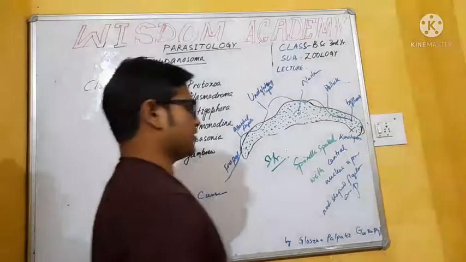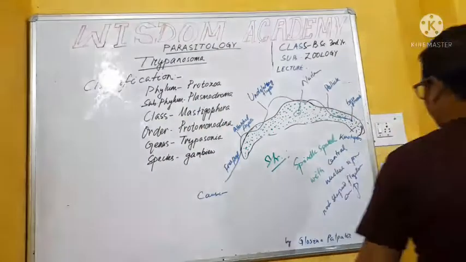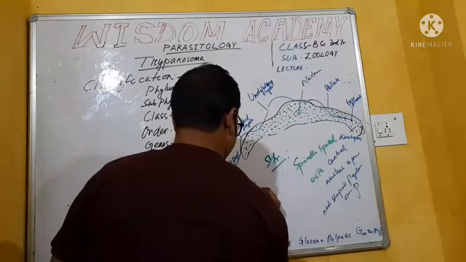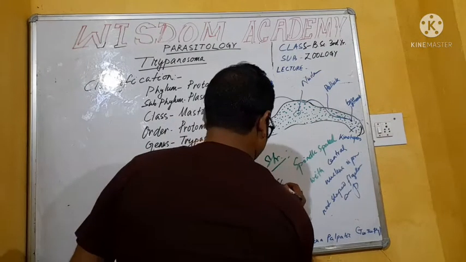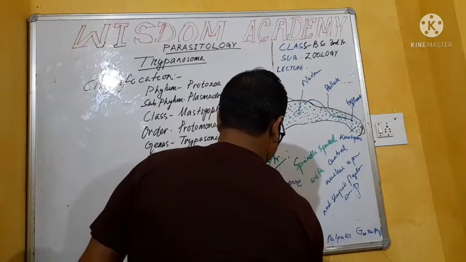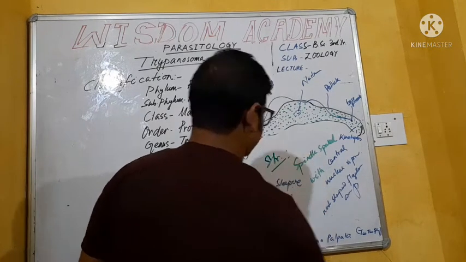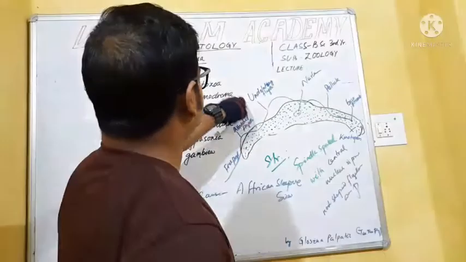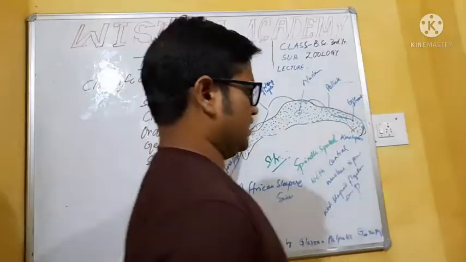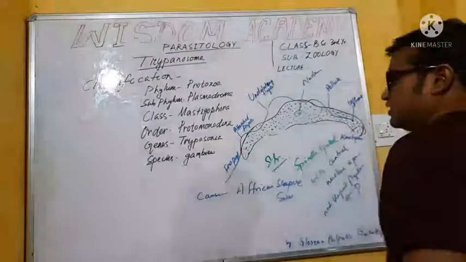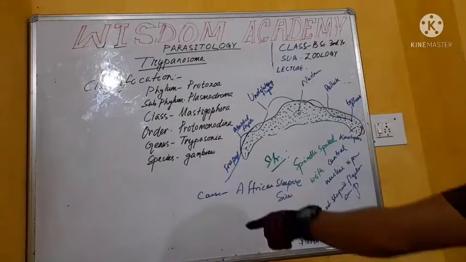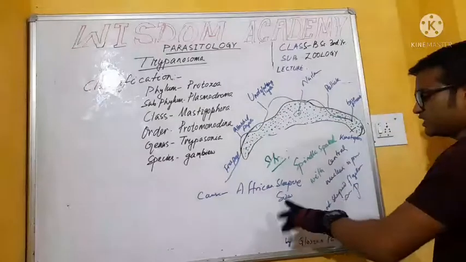What disease can be caused by Trypanosoma? African sleeping sickness. African sleeping sickness is a disease which is caused by Trypanosoma. This disease is mostly found in African countries. According to the name of the countries, the disease name is African sleeping sickness.